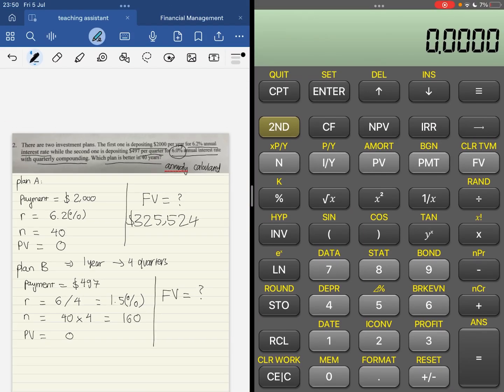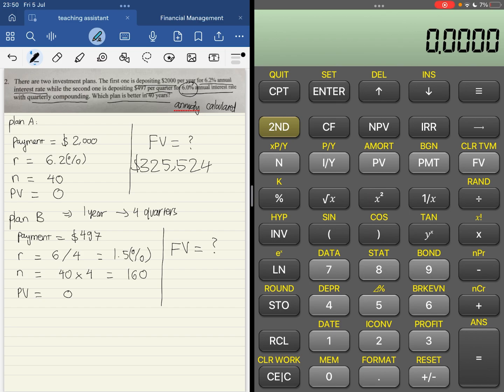First of all, for plan A, what are the inputs for the calculator? First, we press 40, which is the period. Then we press the button N on the third row. Then we press 6.2 and the second button on the third row, which is I/Y. It will apply the interest rate. Then 0 and PV. Then 2000 PMT.